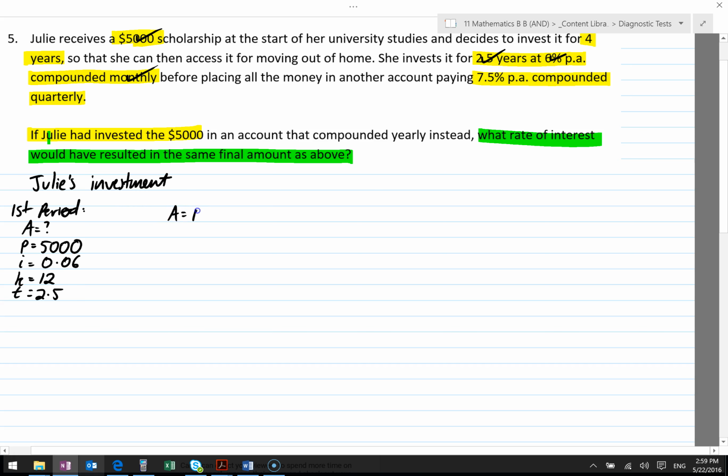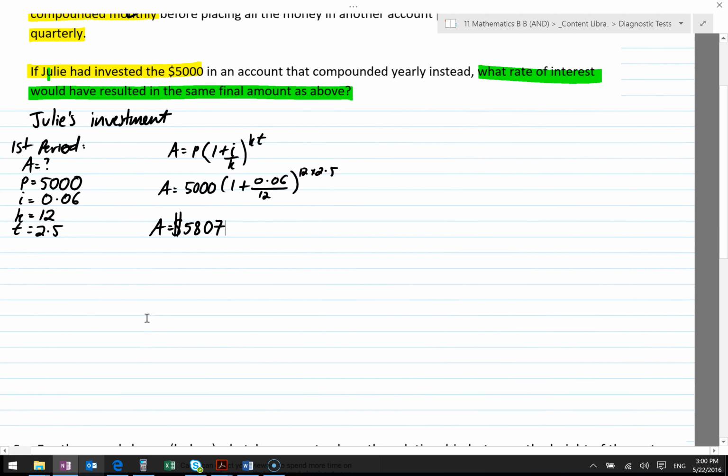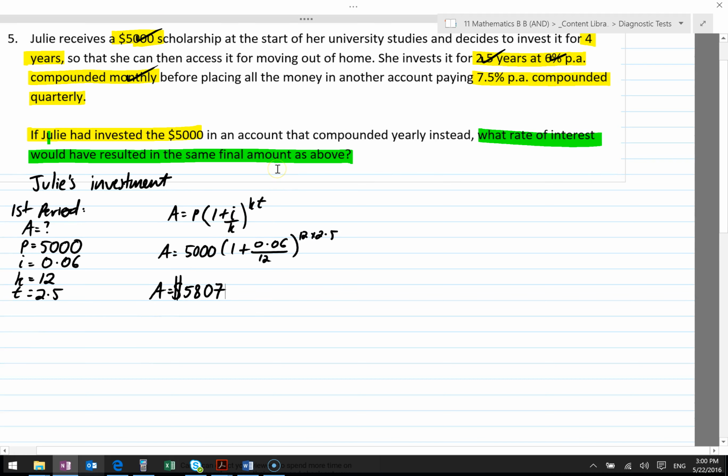So I'll write my compound interest formula, and I'll substitute in these values to find how much was there after 2.5 years. Okay, so she had $5,807 in the account after 2.5 years.